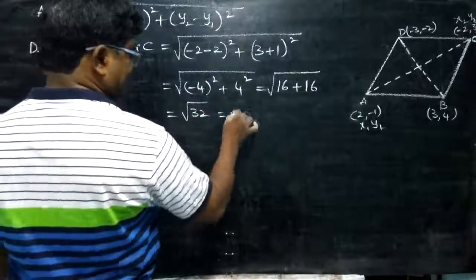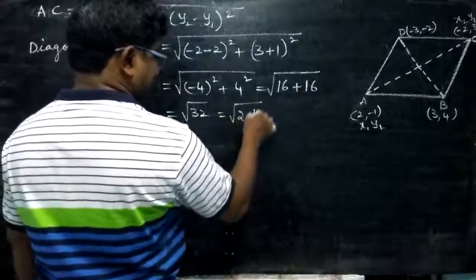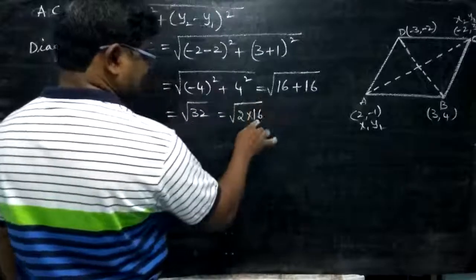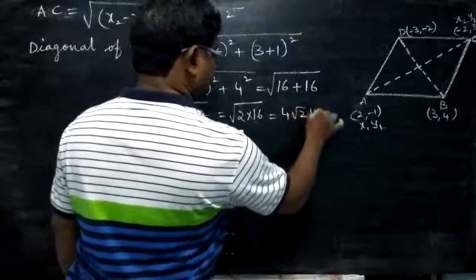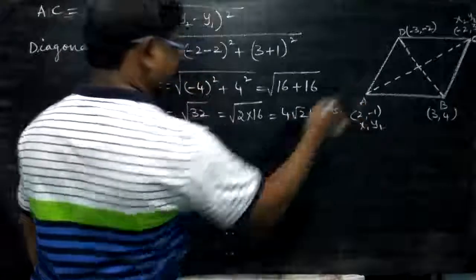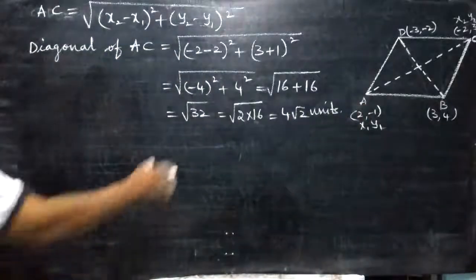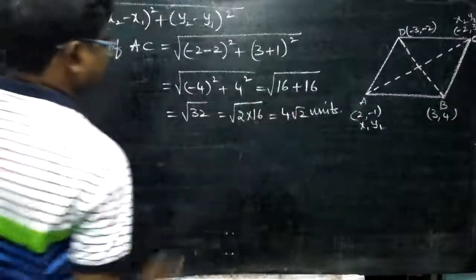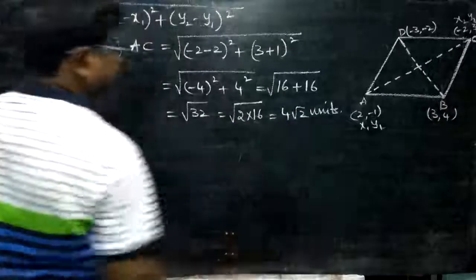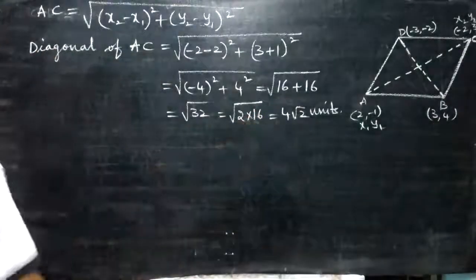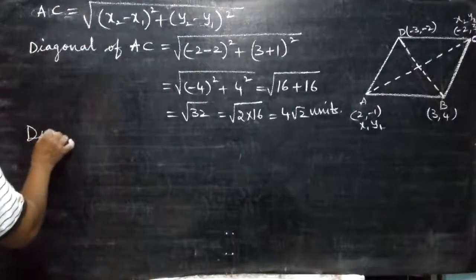We can write 32 as 2 16s are, why I am writing this means 16 has a square root, 4 root 2 units, still more simplification. If you write root 32 also no problem, but still simplification is there. When simplification is there, make it. Find factors otherwise. Next, AC completed.